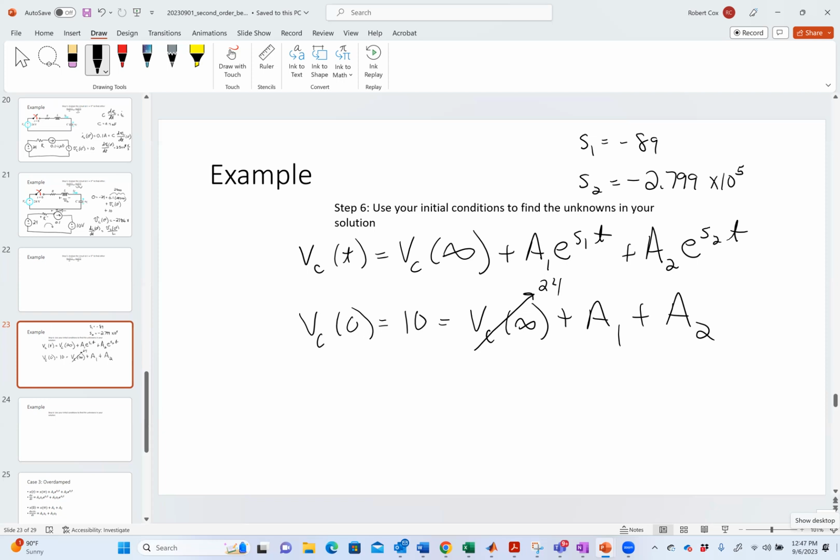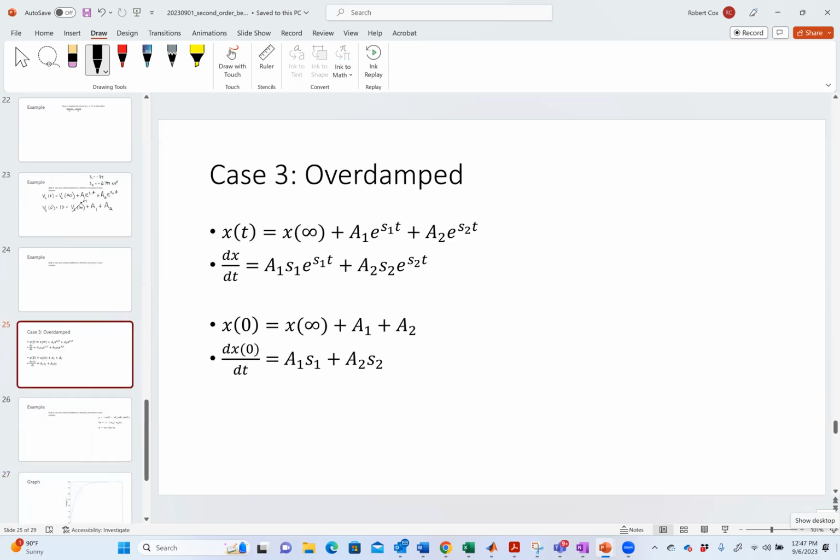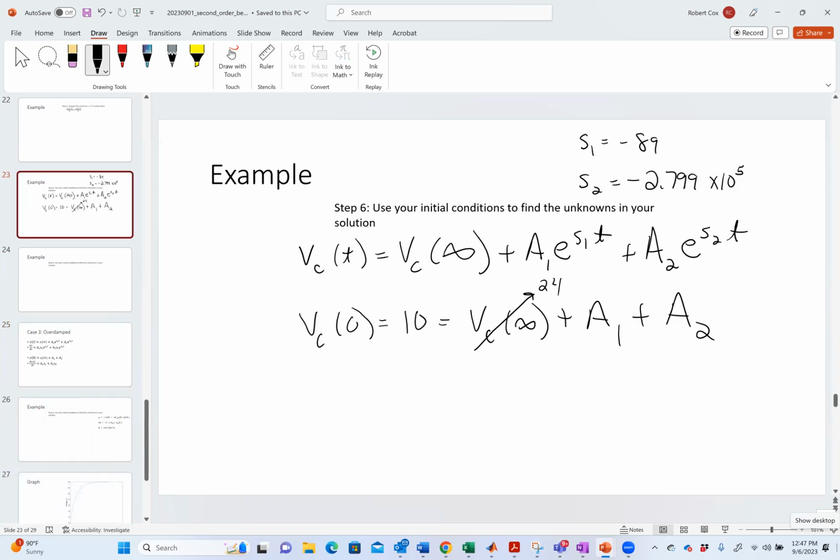That's the whole reason we went through that last step, was to get the derivative. That means I need dVc dt, so take the derivative of this guy. And we have a number for this: dVc dt was 2.5 times 10 to the 5th.